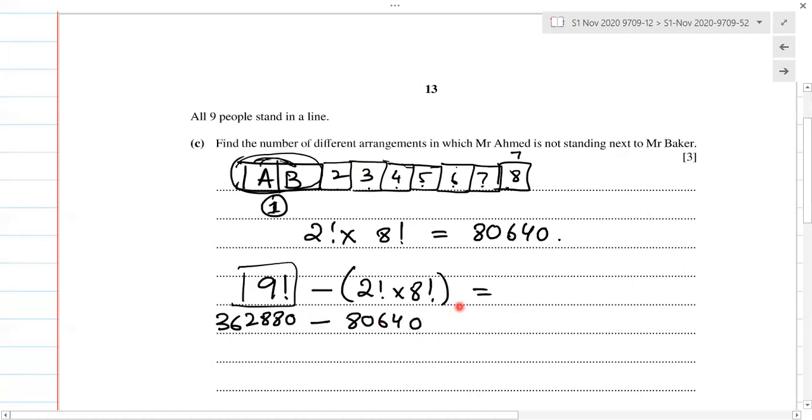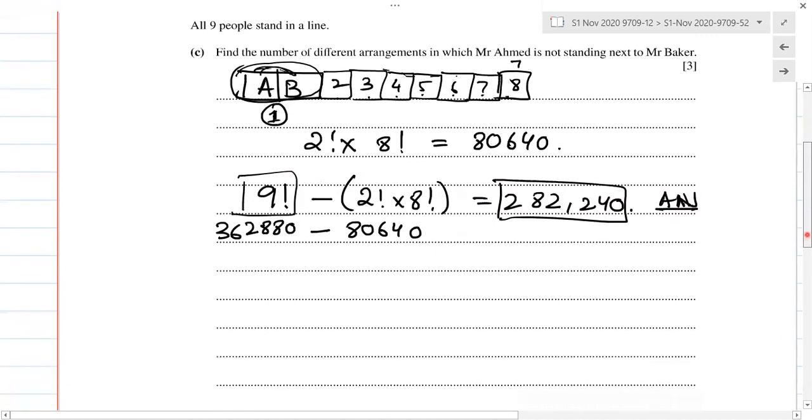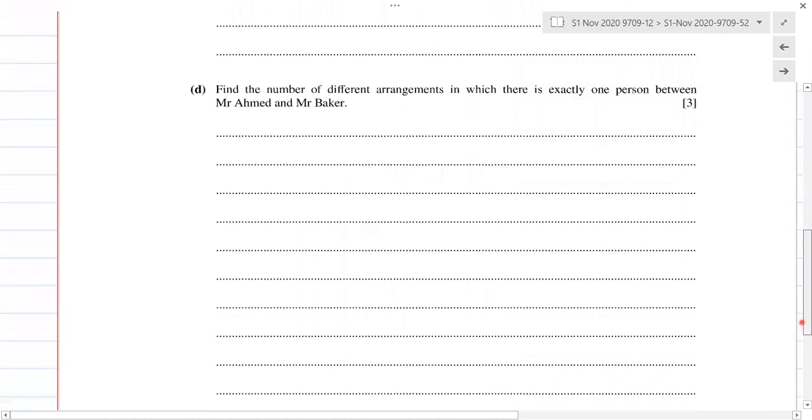So we subtract this, and we get the answer as 282,240 should be the answer, that they are not together. The total minus that they are together is going to give us that they are not together. That's part C done. Now part D.